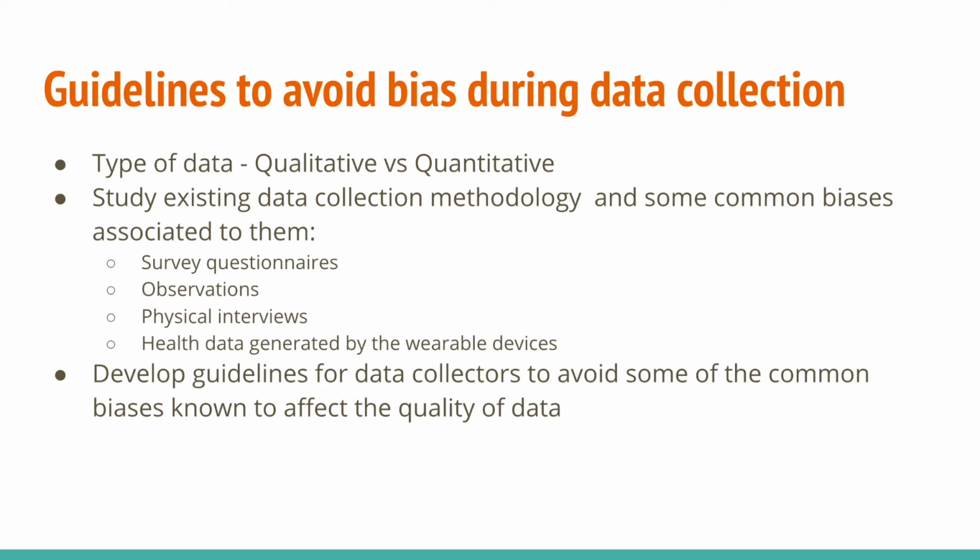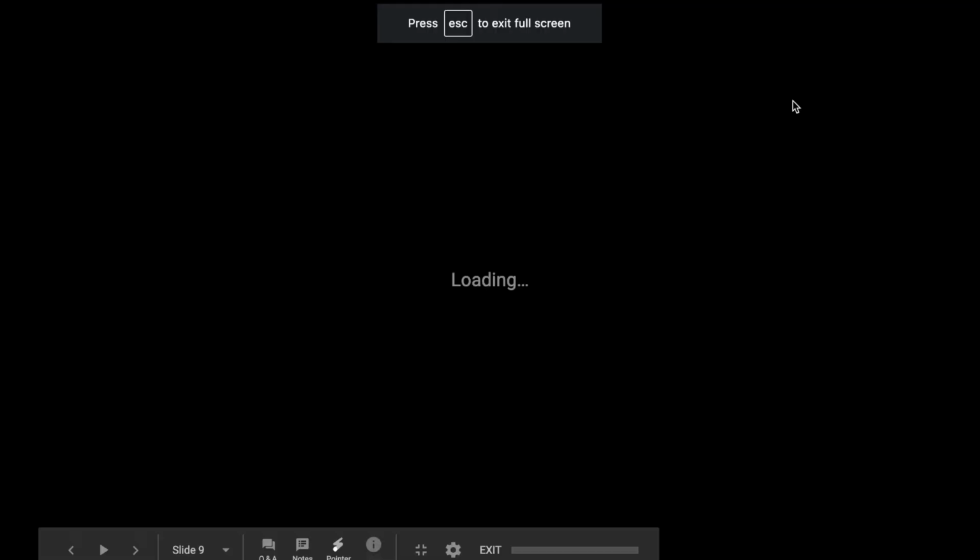Similarly, we'll also study certain data collection methodologies like survey questionnaires, observations, physical interviews, etc. At the end, we will aim to develop guidelines that can be used by the designers of these data collection processes to form better survey questions or, for example in the case of physical interviews, to select a better sample of people that can represent the real world, so that the data gathered at the end of this process closely represents the real world.